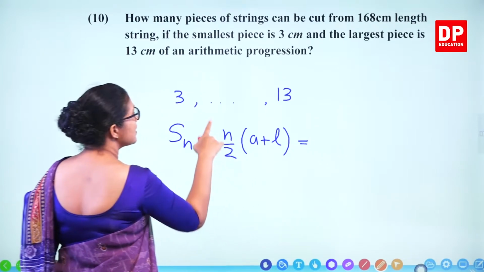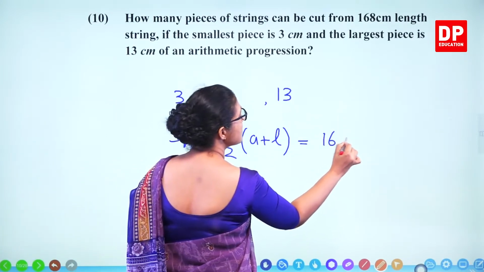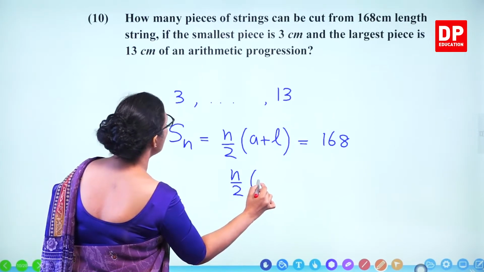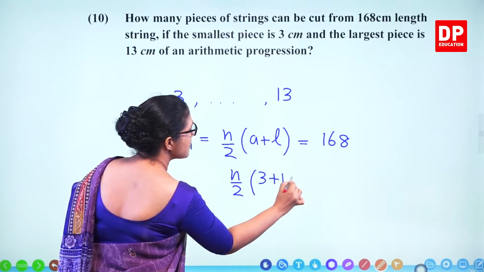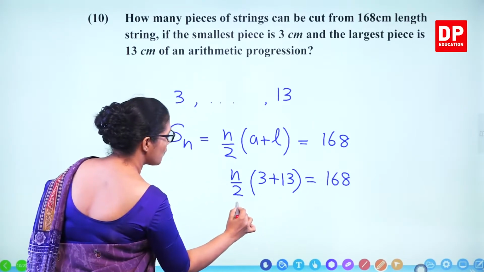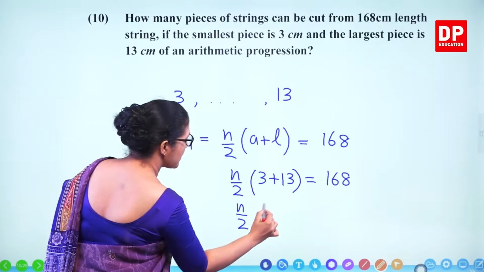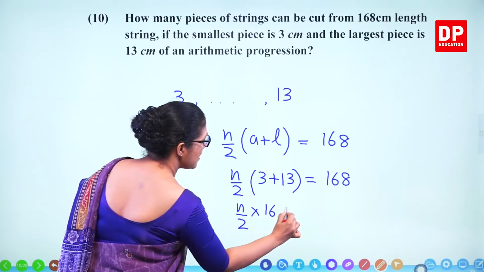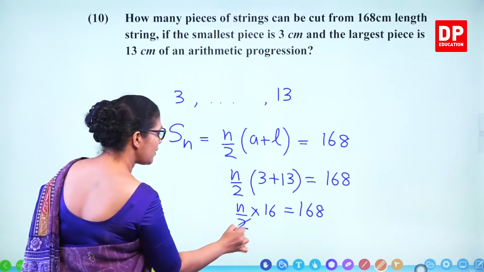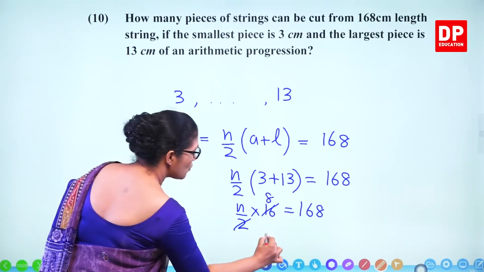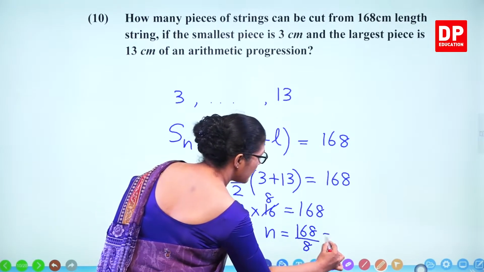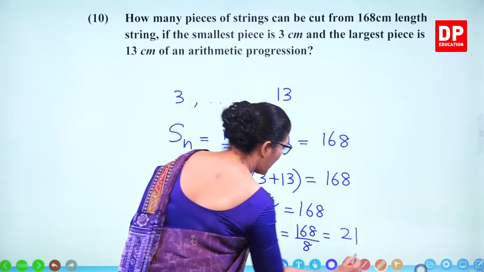We know that the total is 168. n we need to find, but we know first term is 3, last term is 13. So n over 2 times, 3 plus 13 is 16, equals 168. So what's n? 2 times 8 here. So n becomes 168 divided by 8. 8 times 2, 8 times 1.